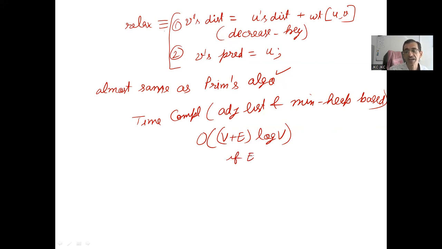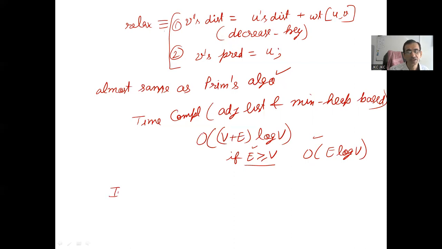If E is greater than or equal to V, then we will say it is order of E log V. But because the graph is not guaranteed to be connected, we cannot claim that always. But if I want the vertices to be reachable from the source, the graph should be connected at least from the source. So obviously, normally this will be true.